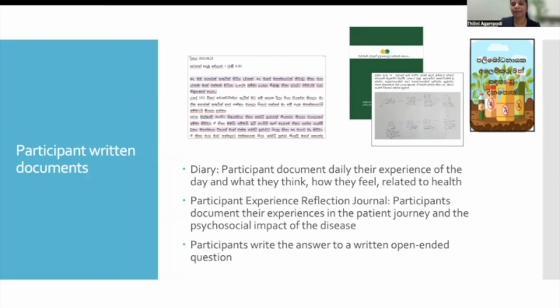Not giving a yes or no answer, but to write a story, such as, can you remember when you first identified this problem in your body? What was your reaction to that? How did your family members respond to it? What were your experiences? So these are all open-ended questions. You can get the answers for that and do an analysis or a study.